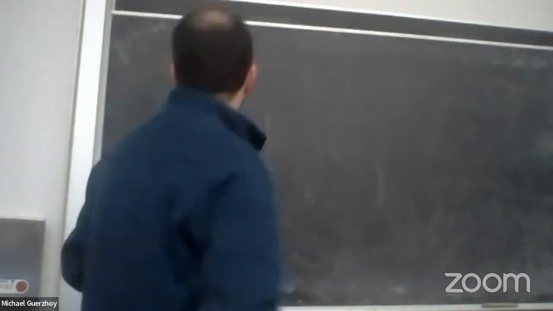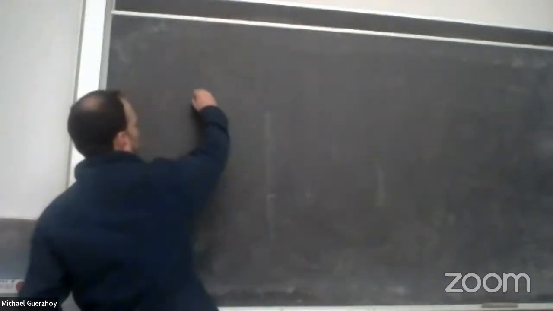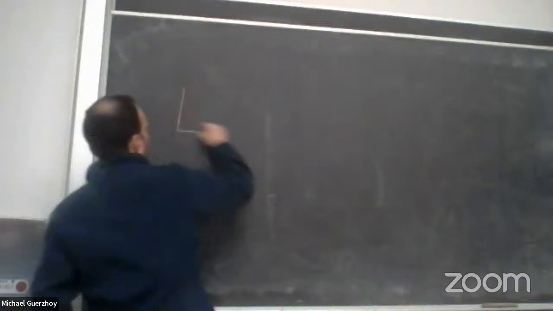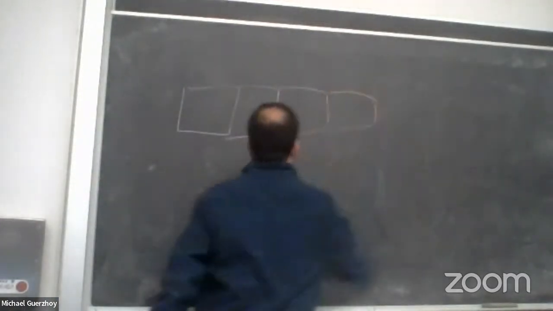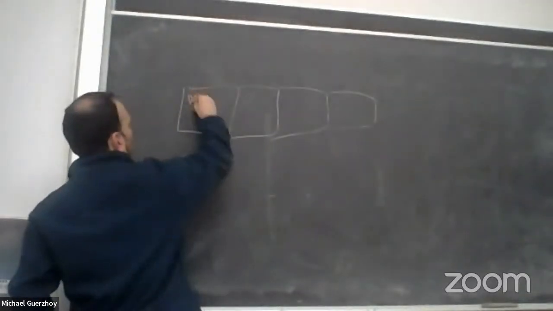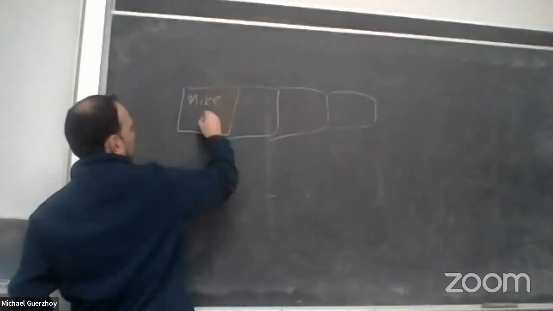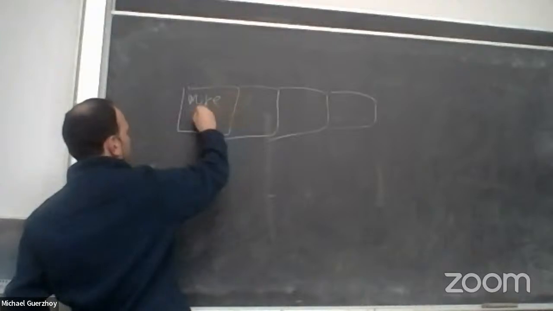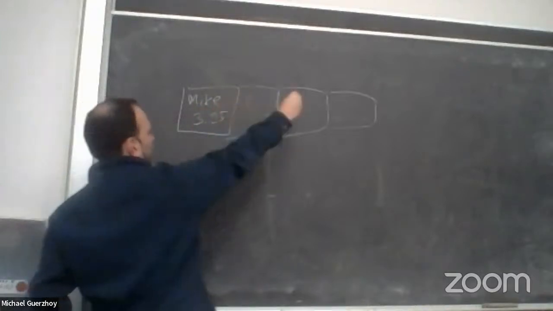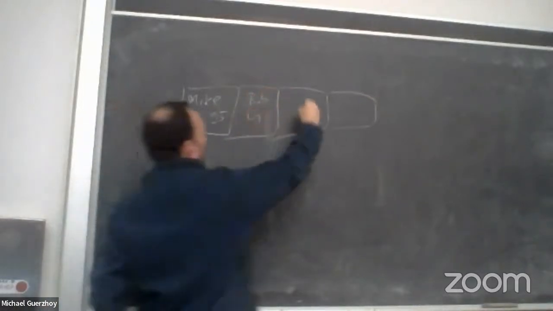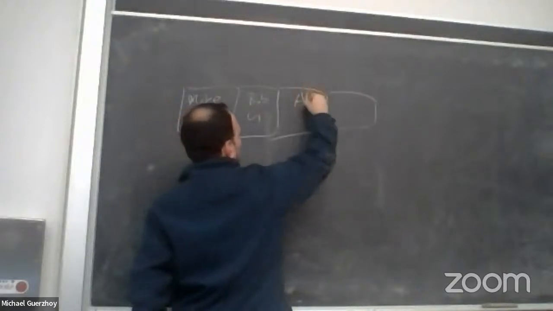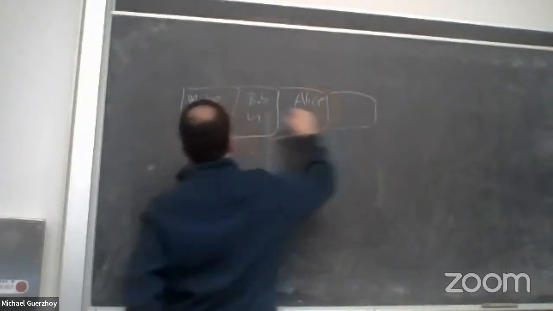You could say I have a bunch of structures and they all just store the name, like Mike, whatever my GPA is off the fly, and then Bob, four, and Alex is four, and so on.